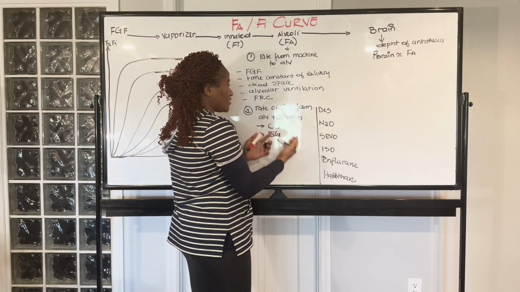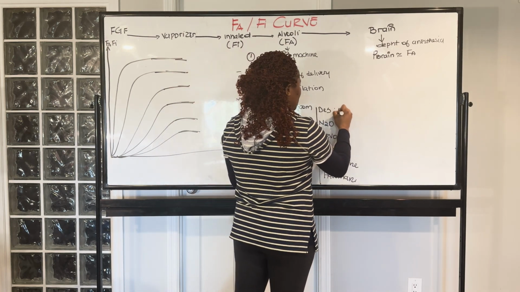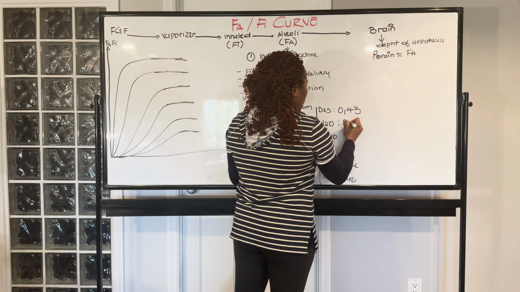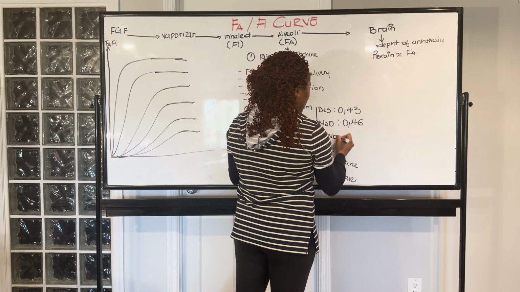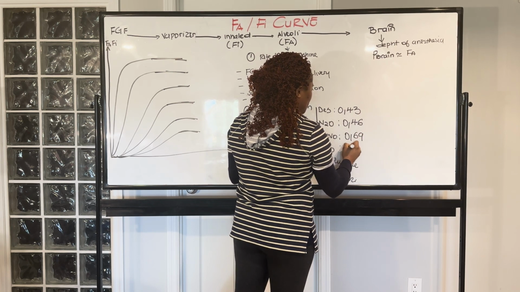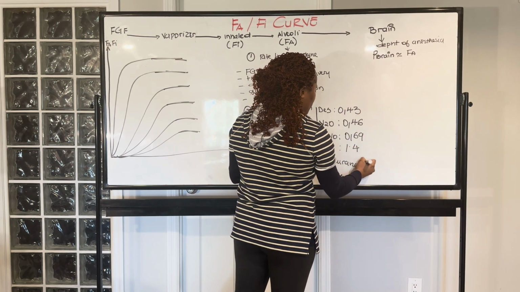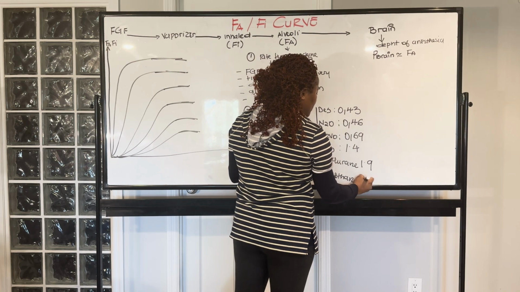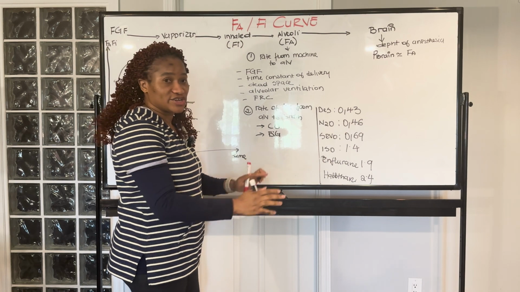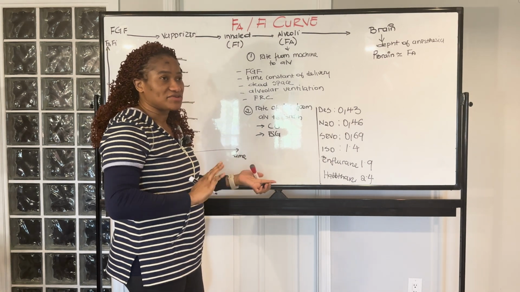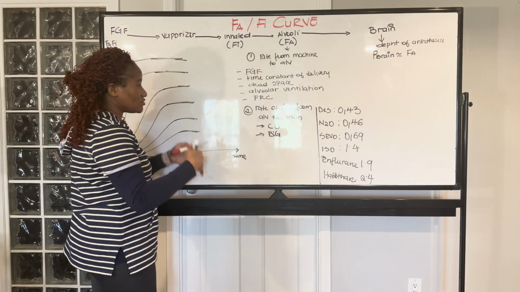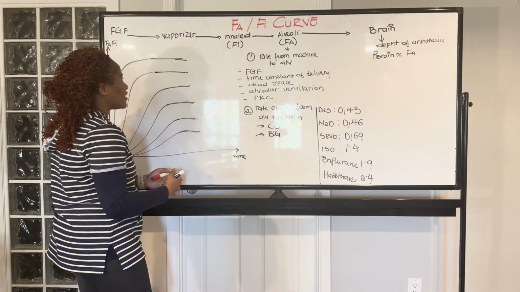Desflurane has the lowest blood gas partition coefficient, 0.43, followed by nitrous 0.46, then sevo 0.69, iso 1.4, enflurane 1.9, halothane 2.4. And you're going to see some variation with the numbers slightly different in some books versus other resources, but in general, this is how they are classified.